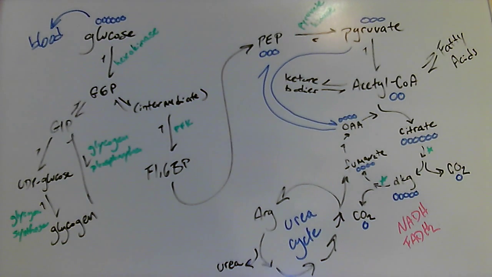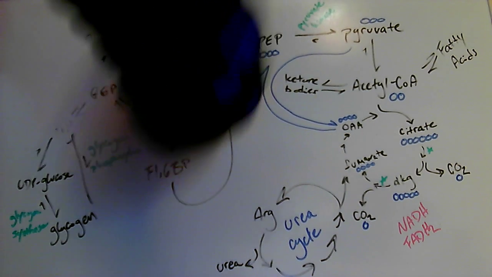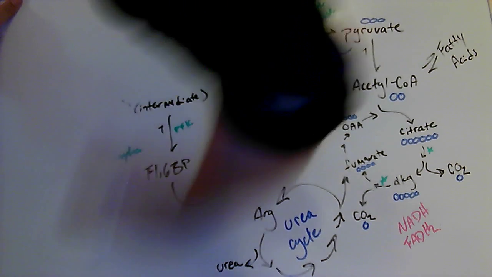So what I really want to look at, now that we have clarified some of the direction of these pathways, is the branching pathways about glycogen and fatty acids and ketone bodies and how all of those play a role.